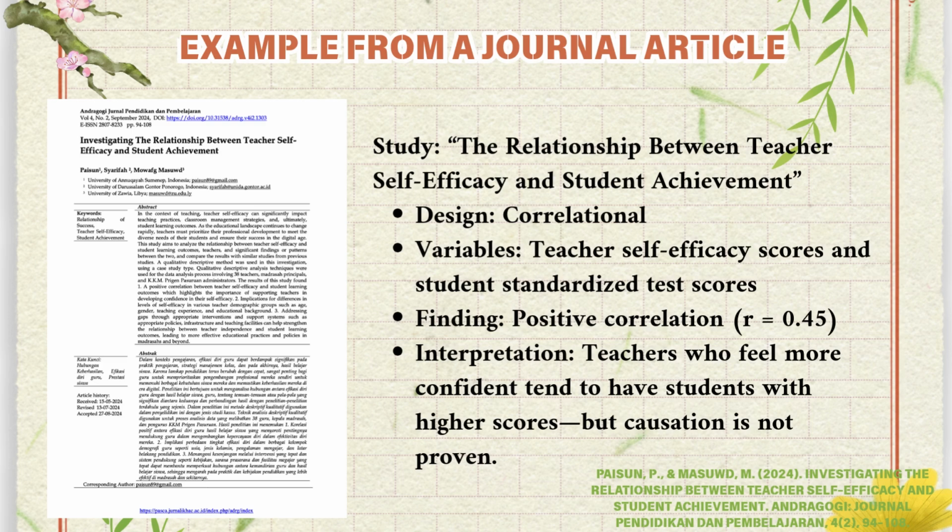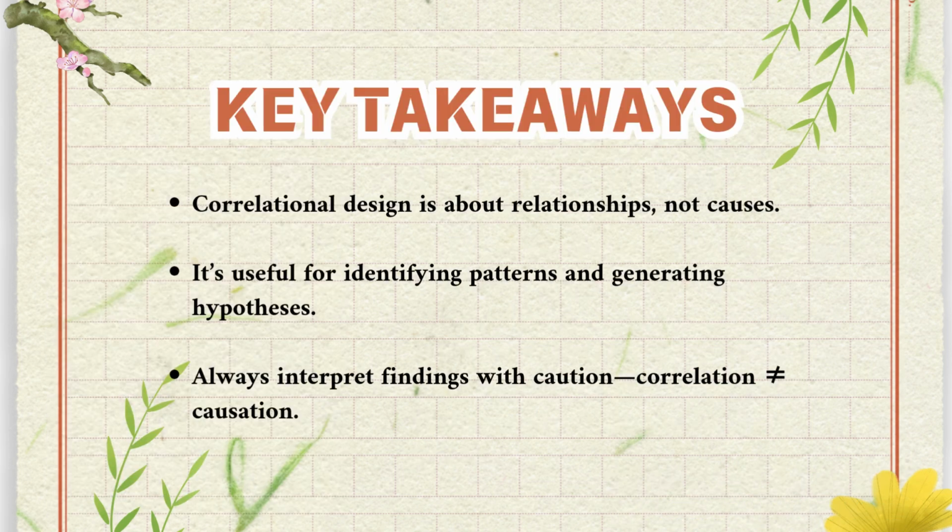So, what this illustrates for us is how correlational design is employed to investigate significant questions in education. And it's a powerful tool for spotting patterns. But we always need to be careful about how we jump to a conclusion, because we need to think about how this does not show causal relationships. It just generates hypotheses. So remember that correlation is not causation.